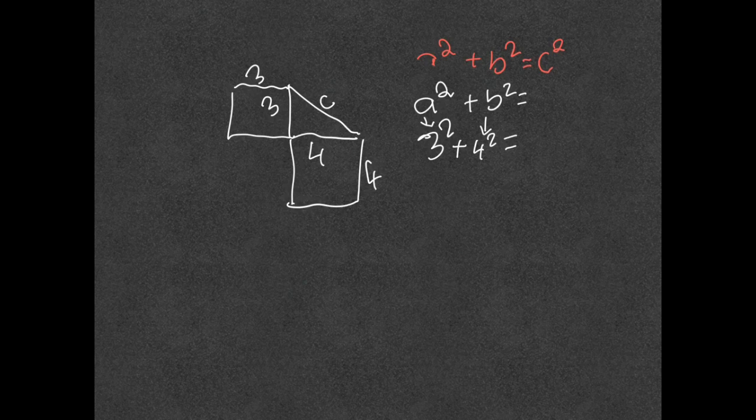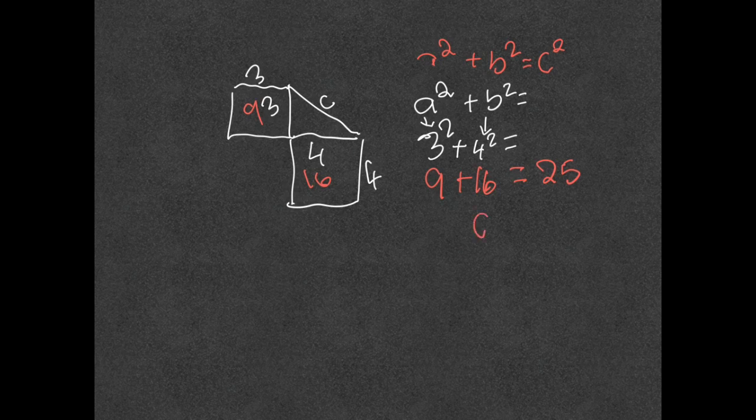and 3 times 3 would be 9, and 4 times 4 would be 16. And basically, you would need to add the areas of both sides, like I said before, and you would get 25.